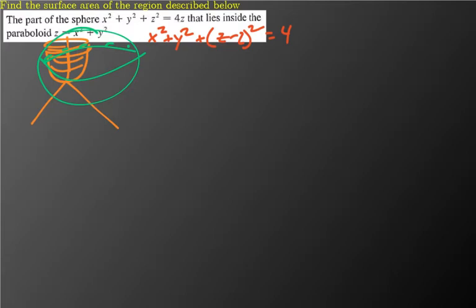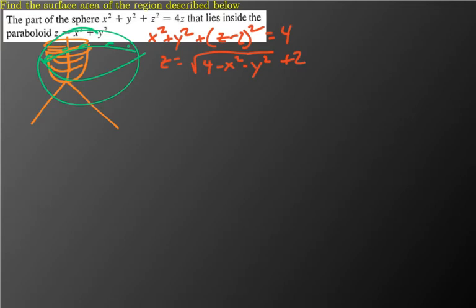So that's my sphere written in a more normal form. And if you solve for z here, you're going to get z is the square root of 4 minus x squared minus y squared, plus 2. Really, again, plus or minus, but we can just consider the upper half of it because that's the only part where it's going to intersect the paraboloid. And so this is my function that I'm going to need to take partials of.